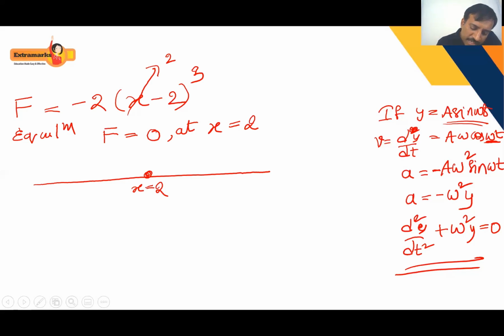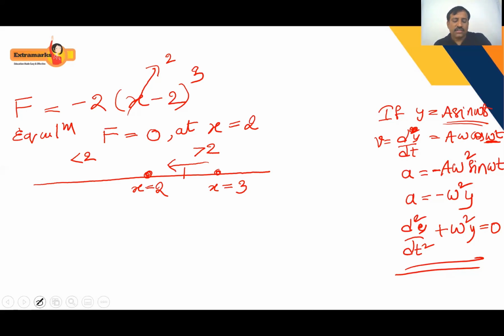Now let me take this side, obviously x greater than 2, and this side, obviously x less than 2. Let me take x is equal to 3. Put 3 minus 2, 1. 1 cube is 1, so the force is minus 2.